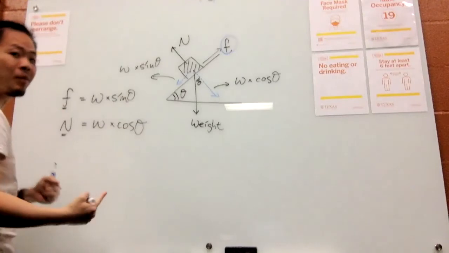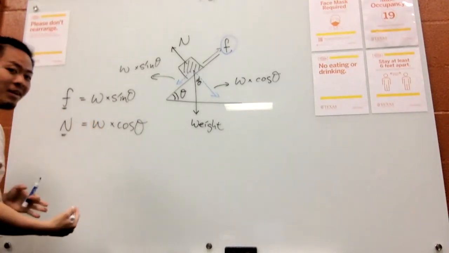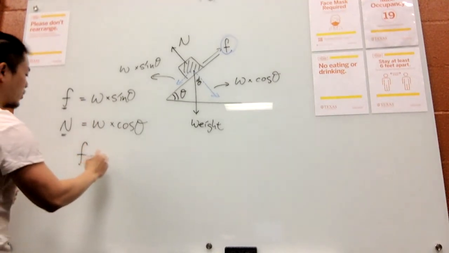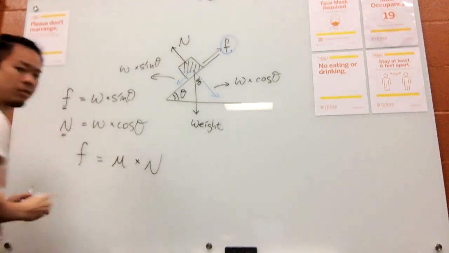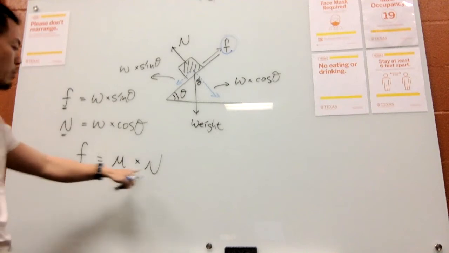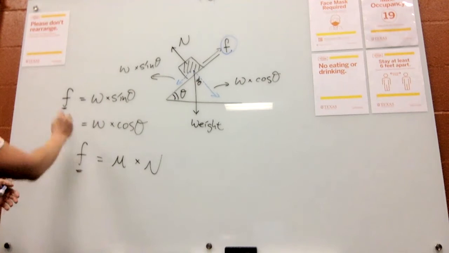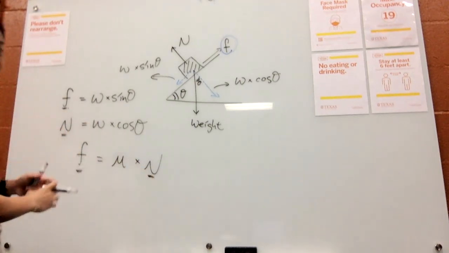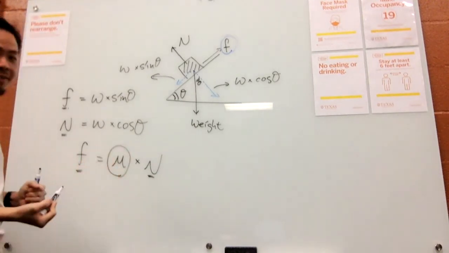And if you remember, in the last video we had a super important equation, which is friction equals mu times normal force. Right? Friction equals the coefficient of friction times normal force. And right now we have friction here, we have normal force. Put them together, we should be able to get the coefficient of friction.